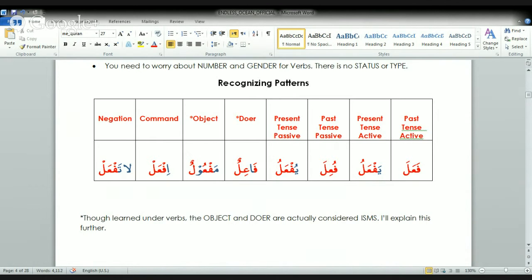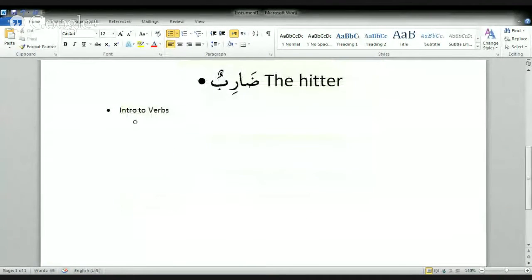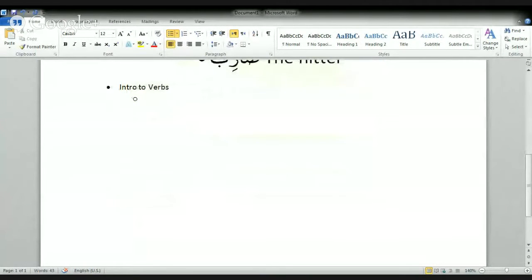I'm going to switch over to the other screen, and then we're going to go through some examples. So I'm going to write a few sentences in English, and then I'll have you pick some of the verbs out.